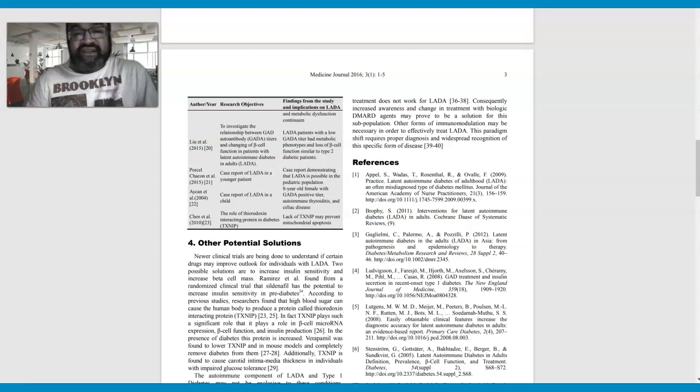What is interesting is that treatments like DMARDs are agents that may prove to be a solution. But these DMARDs are actually biologic DMARD agents, so other forms of immunomodulation may be necessary in order to effectively treat LADA.